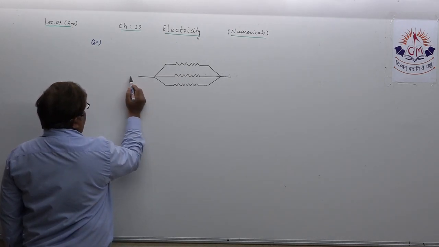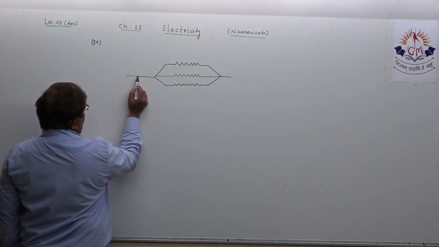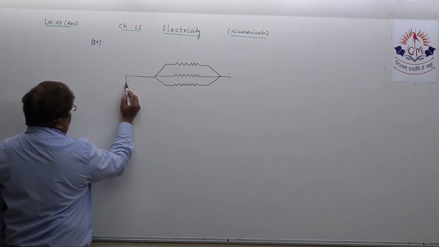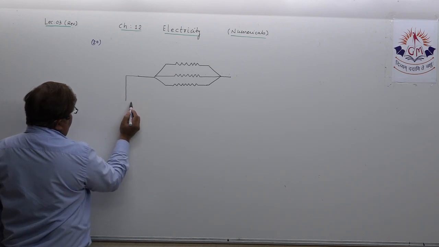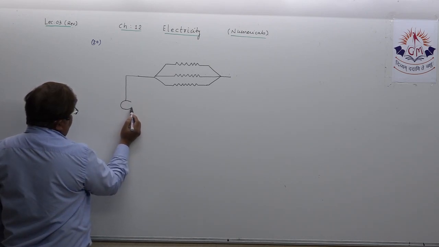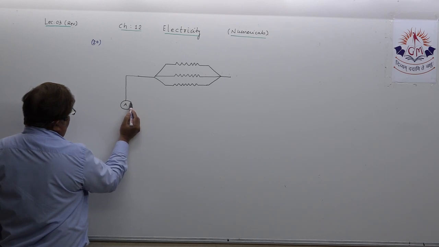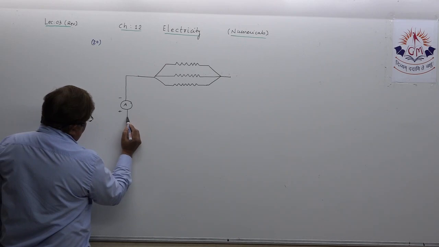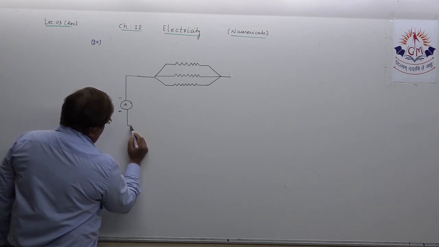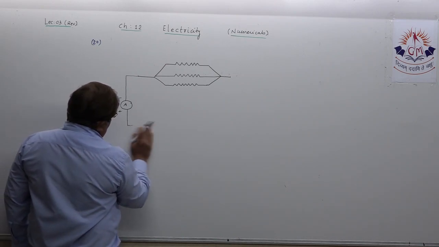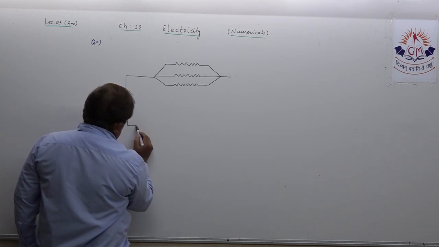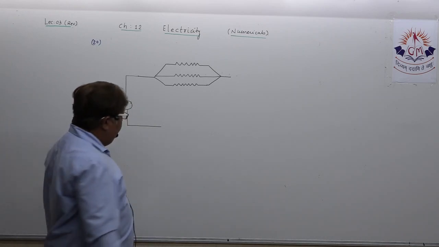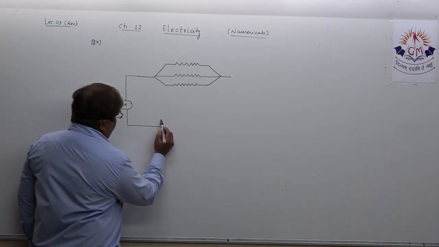And then they are joined with, first you will show, as usual I say, an ammeter. Positive and negative. Then it is joined with a battery of 12 volt. Yes, joined with a battery of 12 volt.